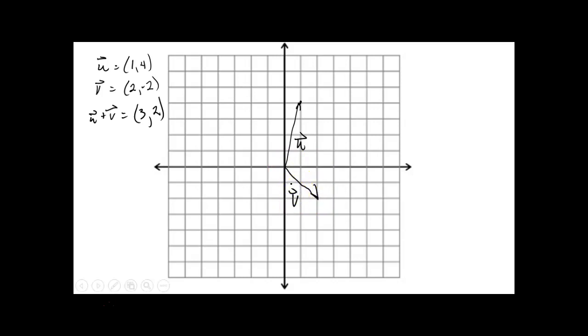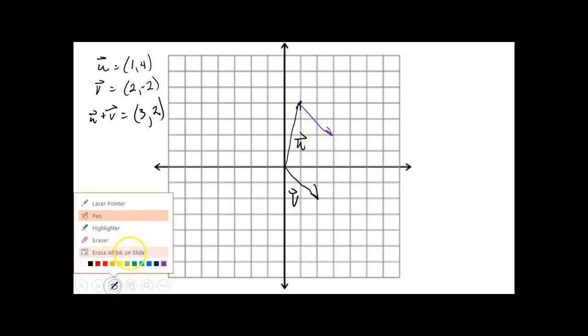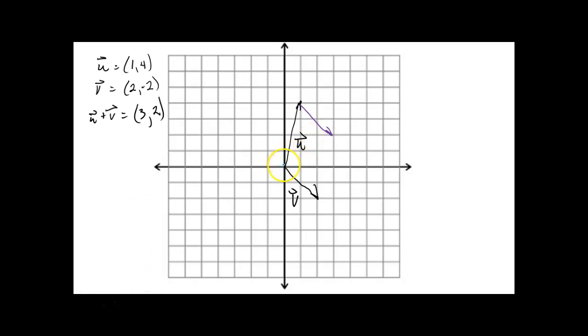The sum of these vectors would then either be to take vector v, and last time I put it in a different color, I think I'll do that again. I'll take this one and translate it up here to there, and your resultant vector, I believe last time I did it in baby blue, would be here, which sure enough is (3, 2). 3 on x, 2 on y.